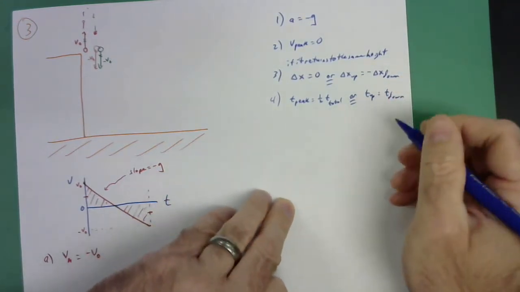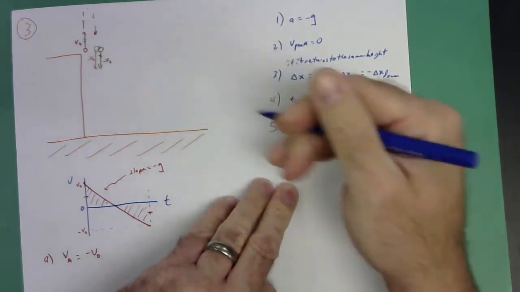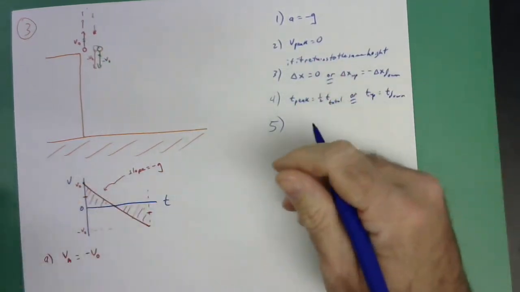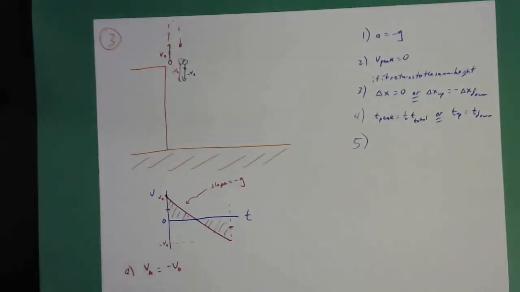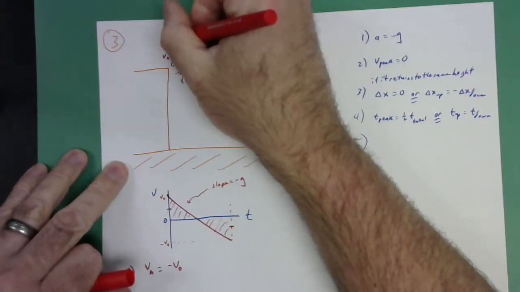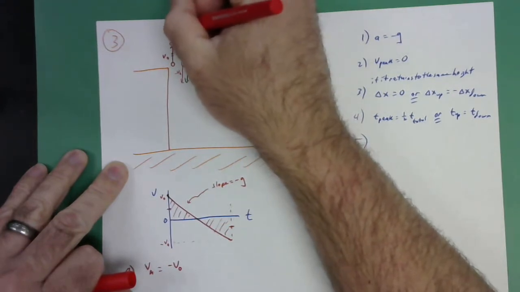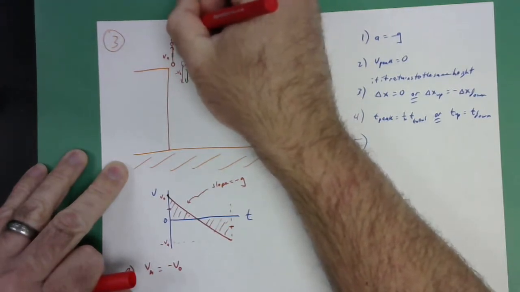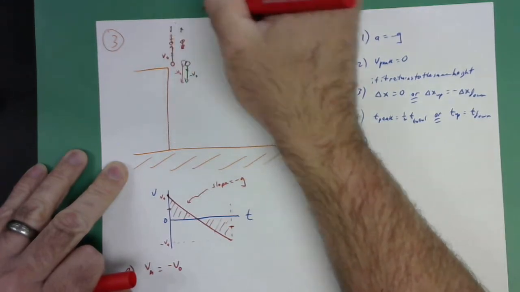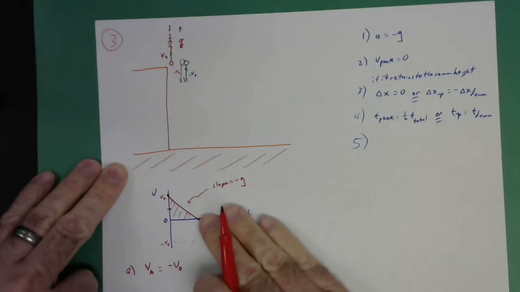Okay, to come back down from that peak. And then lastly, and this is what has a bearing on this problem, at any given height, on the way up or on the way down, those velocities are equal and opposite. At any particular height that you want to look at, they balance out because of the symmetry in the v-t graph.